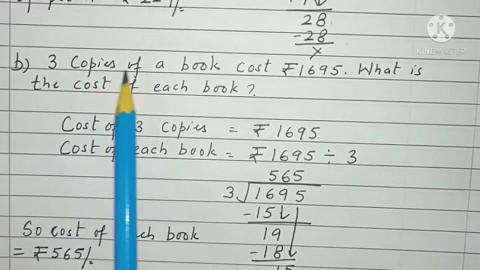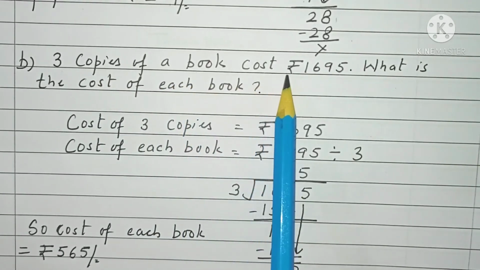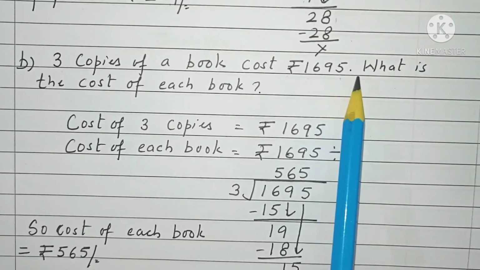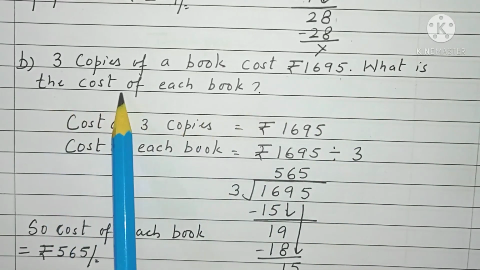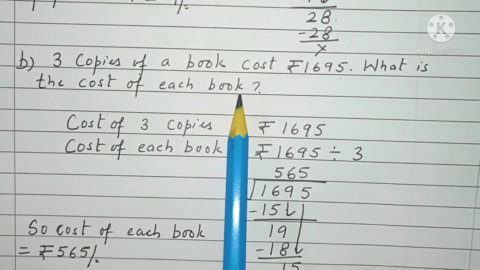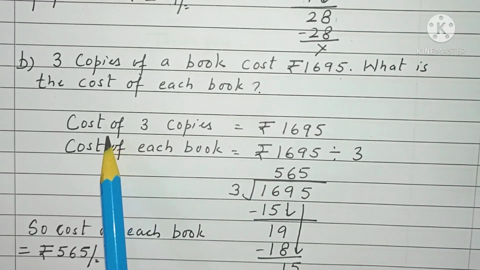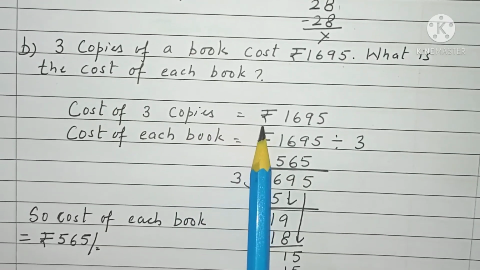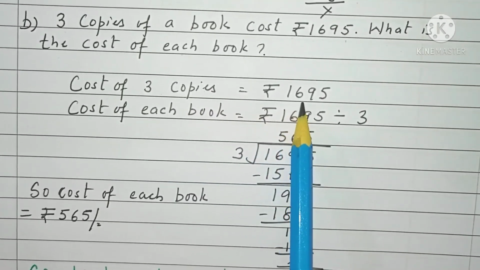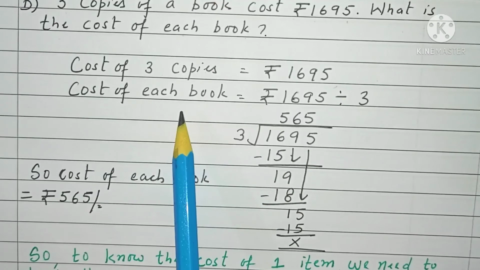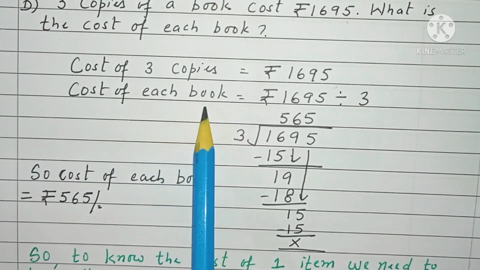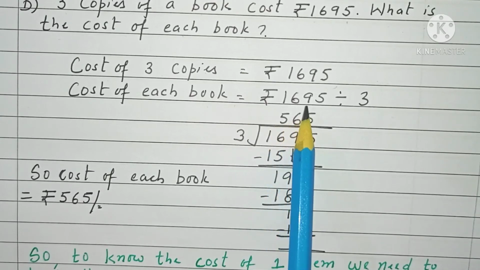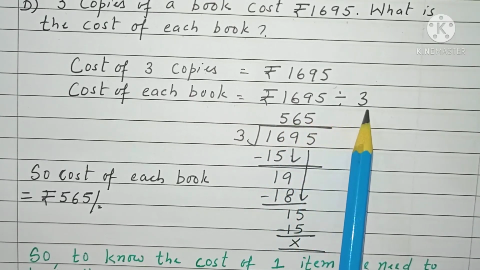3 copies of a book cost rupees 1695. What is the cost of each book? So, what have we been given? We have been given the cost of 3 copies of a book, that is equal to rupees 1695. And so, the cost of each book is equal to rupees 1695 divided by 3.